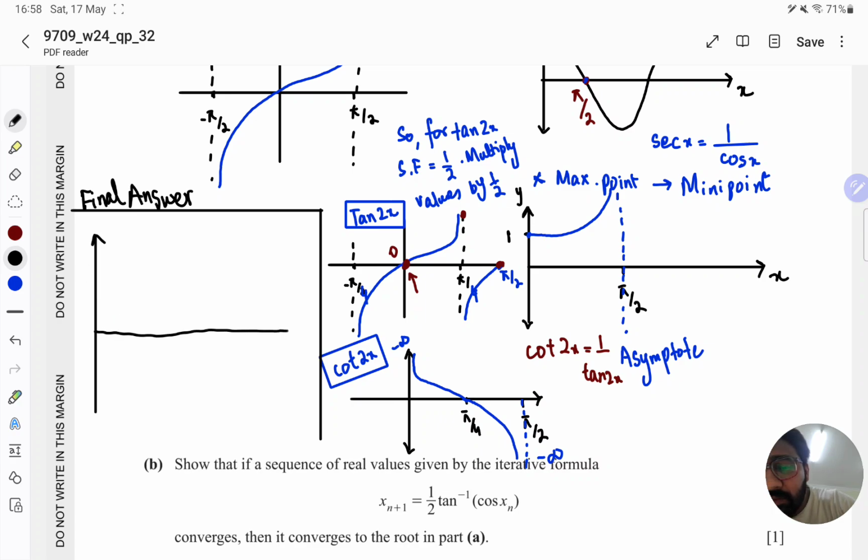So this is, for example, pi by 4, pi by 2. If I draw the graph of secant, it was continuous, and it was starting from here, for example at 1.